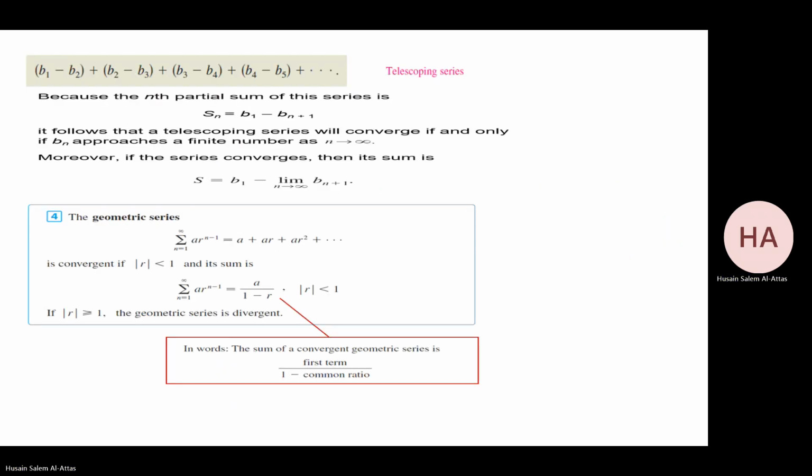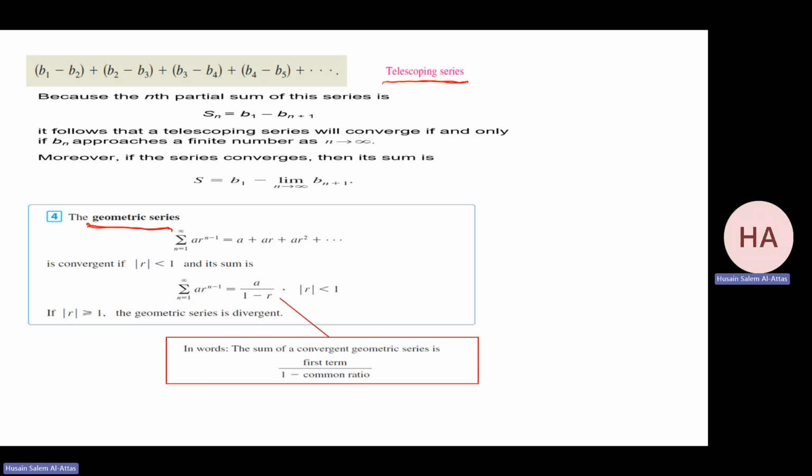Okay. Usually we have two main examples where we can find the sum of the series. We have the telescoping series and the geometric series. What is the telescoping series?